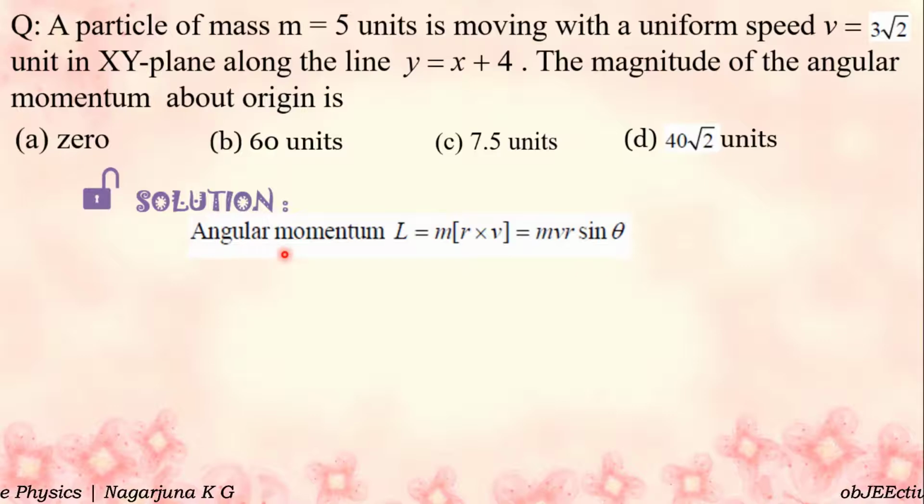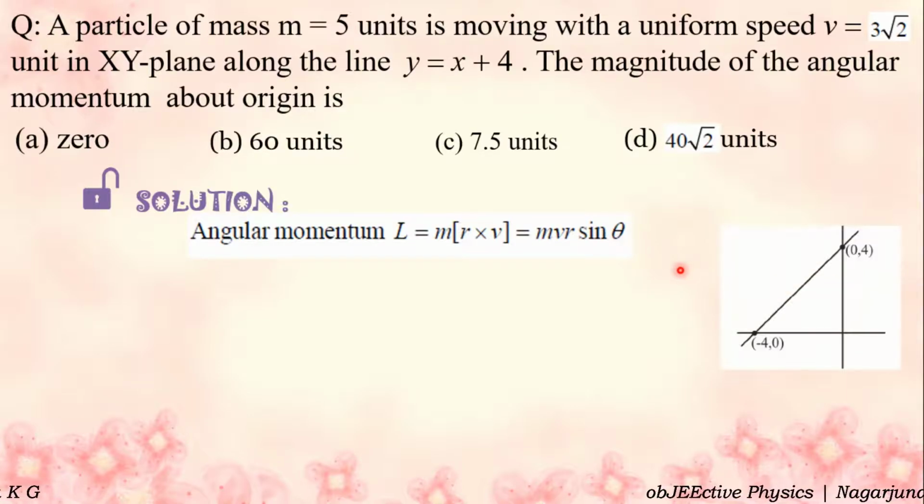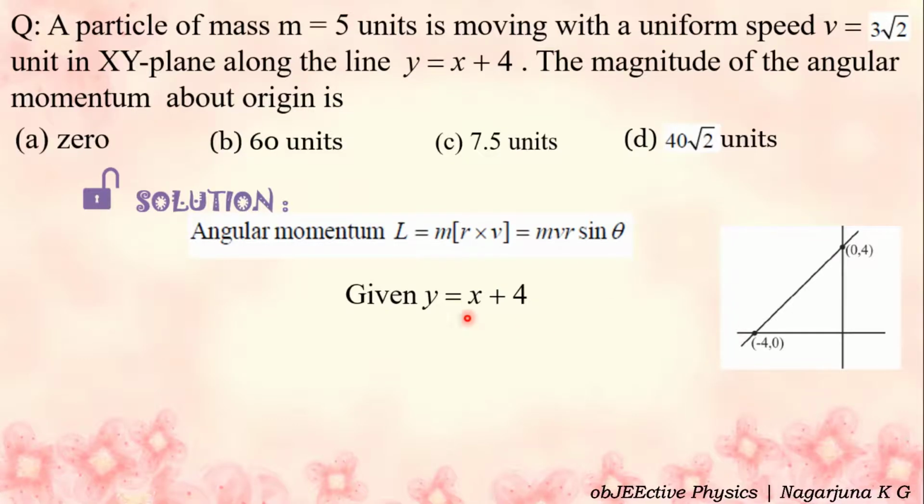We know that angular momentum capital L is equal to m into r bar cross v bar, that is equal to m v r sin theta. The given equation is y is equal to x plus 4.